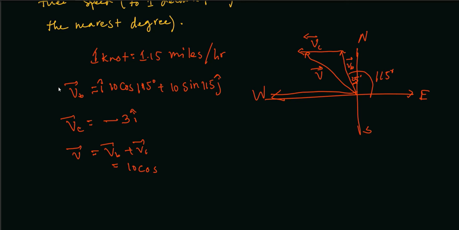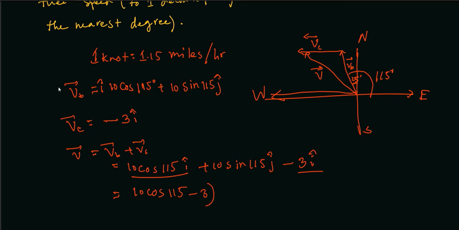So 10 cosine 115 i plus 10 sine 115 j minus 3i. So we can group these i terms: (10 cosine 115 minus 3) i plus 10 sine 115 j.